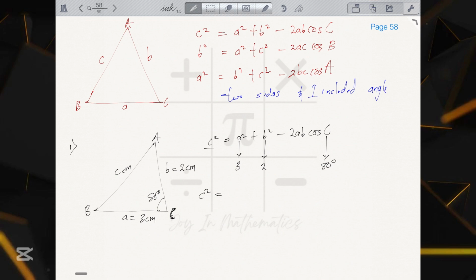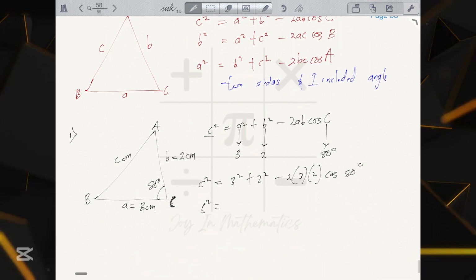Therefore, C squared is equal to 3 squared plus 2 squared minus 2 into 3 multiplied by 2 cos 80 degrees. So let's use our calculator to simplify this for ease. So 3 squared will give us 9, 2 squared is 4, 2 by 3, 6 multiplied by 2, 12, and then cos 80 degrees is given as 0.1736.